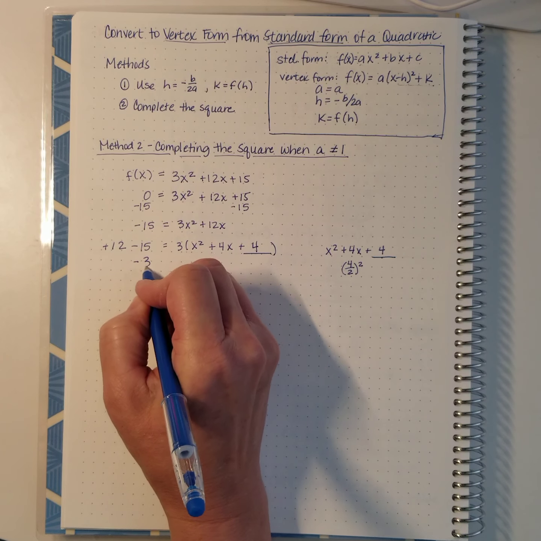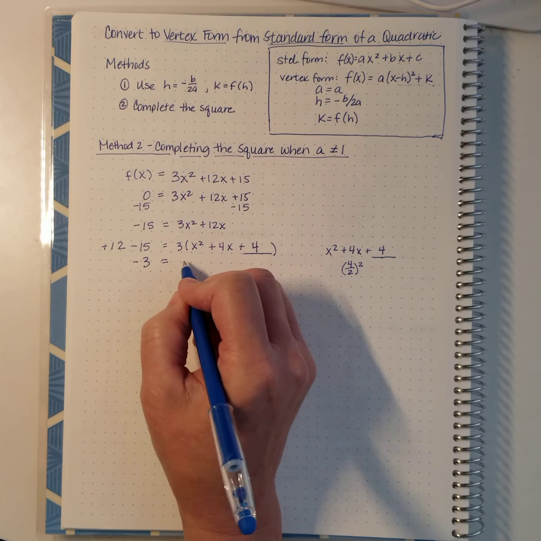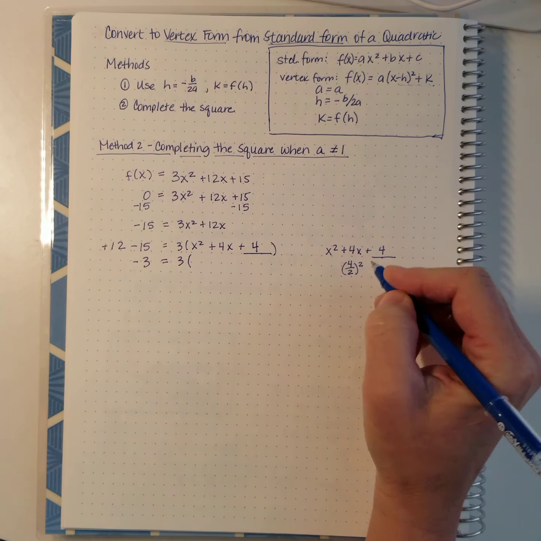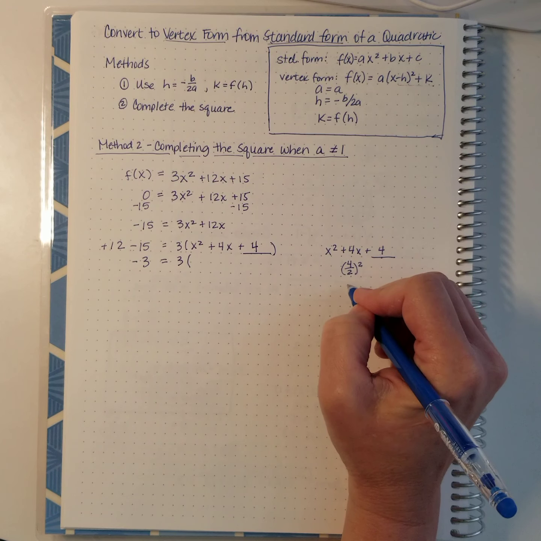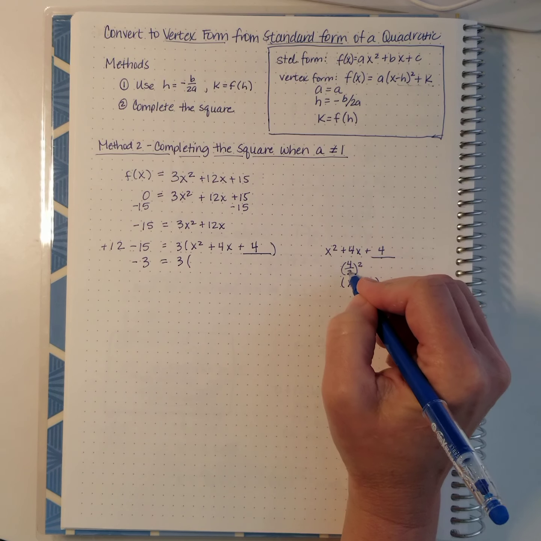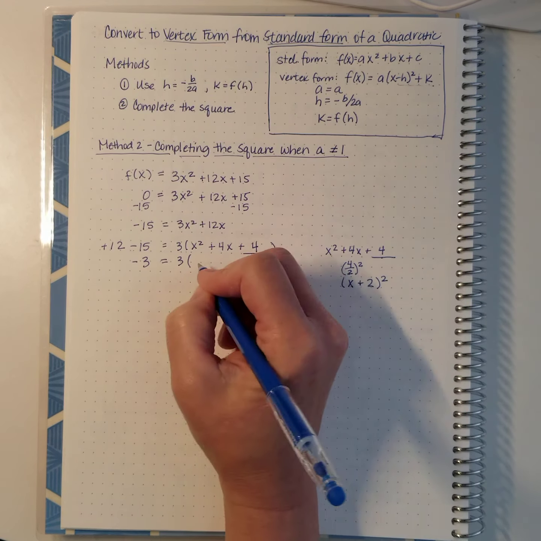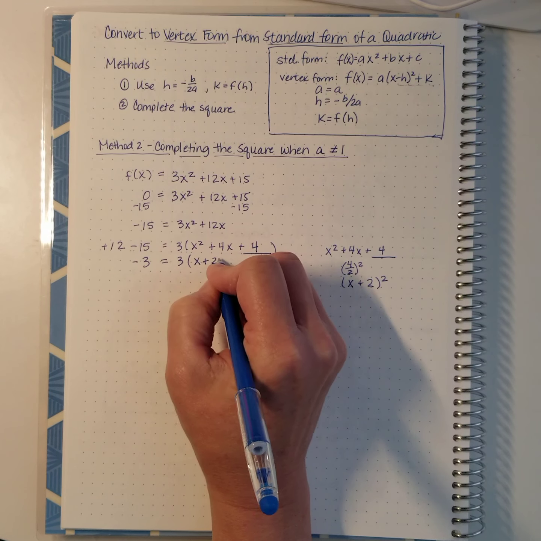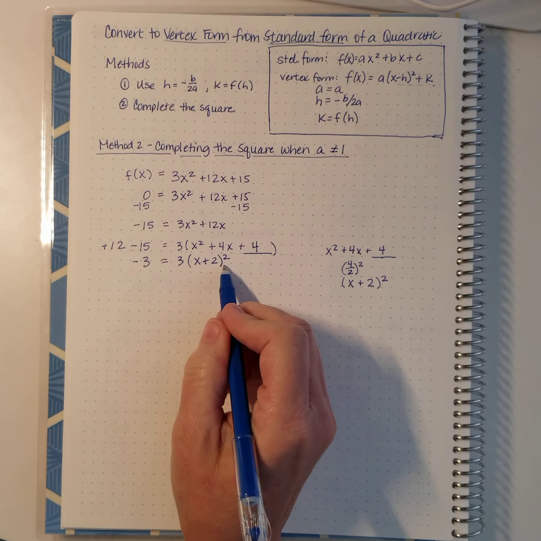So let's simplify this. This is going to become negative 3 on that side of the equation. This is going to be 3 times. Remember, our pattern is that we're going to have x plus 4 divided by 2, b over 2 on this one side, squared. So we're going to have x plus 2 squared here. Well, this is looking a lot like vertex form.